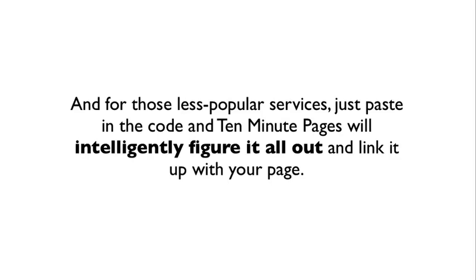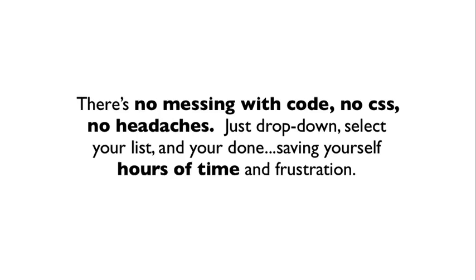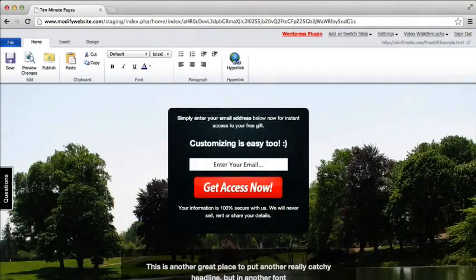And for those less popular services, just paste in the code and 10-minute pages will intelligently figure it all out and link it up with your page. It's as simple as that. So there's no messing with code, there's no CSS, there's no headaches. You just drop down, select your list, and you're done, saving yourself hours of time and frustration.